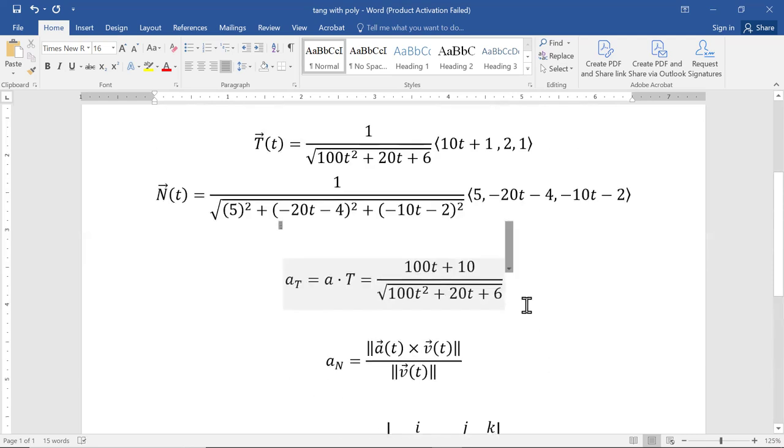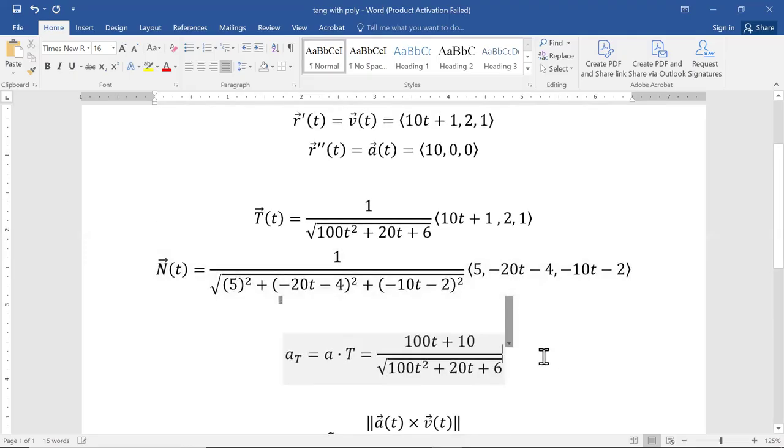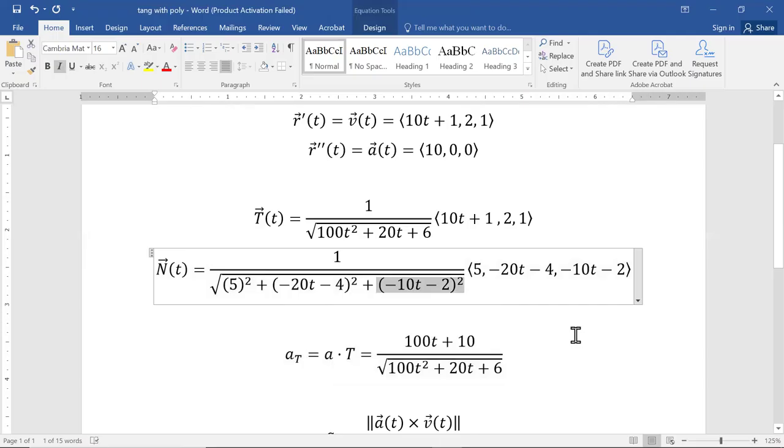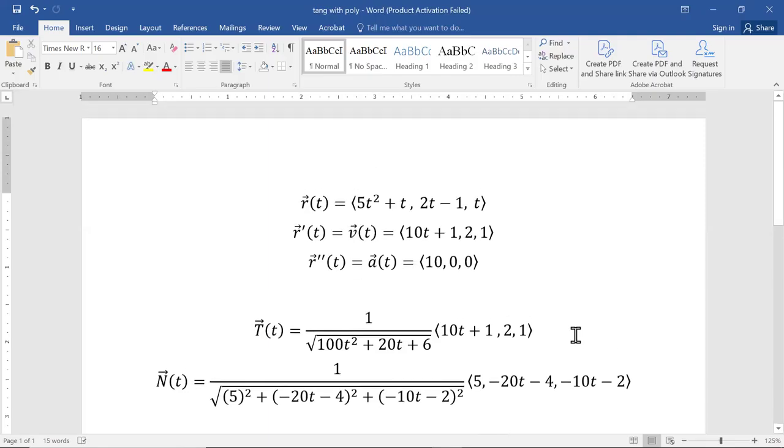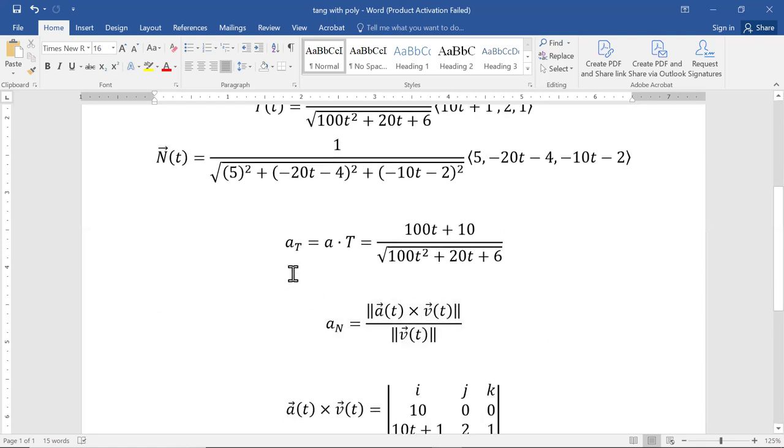By the way, you might think, well, dot product has always worked and dot product will always work, but sometimes these things get fairly ugly. Sometimes these things are hard to calculate. Moreover, let's imagine I wanted to calculate an a sub t and an a sub n for a specific t value, a specific value for my variable.